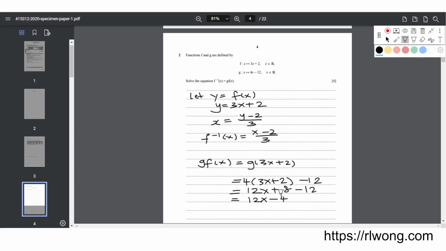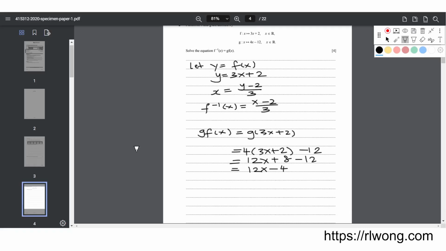Now that I have found f inverse x and g f x, I need to solve for f inverse x equals g f x. So f inverse x is x minus 2 over 3, g f x is 12x minus 4. Do a cross multiplication. I have 36x minus 12 equals x minus 2.